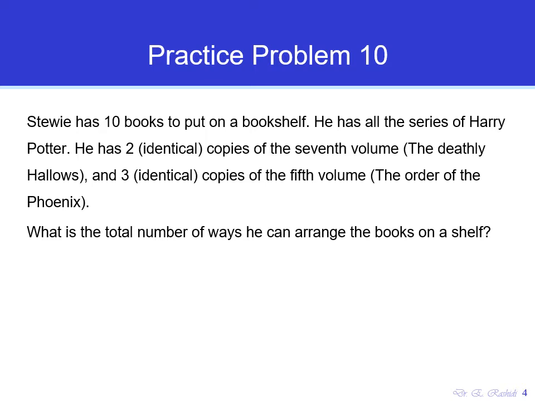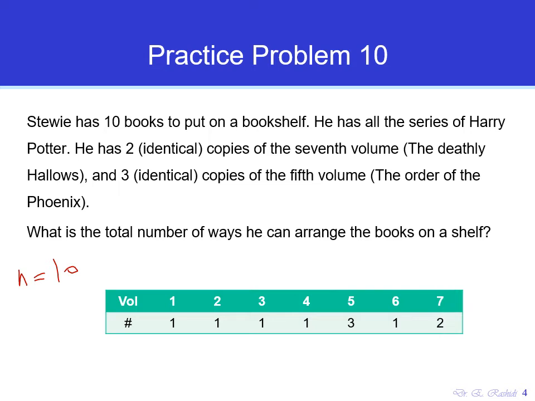So Stewie has 10 books, but these books are not all different from each other. He has all the 7 volumes of Harry Potter. The first row is the volume, and the second row is the number of books that he has from each volume. So for the first volume, he has 1. For the second, he has 1.